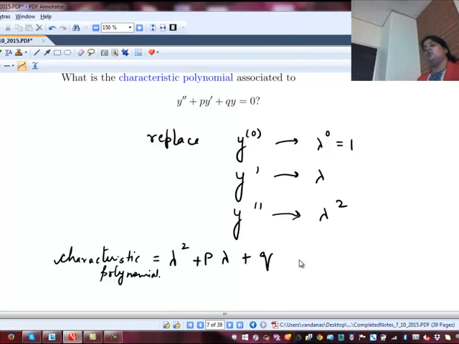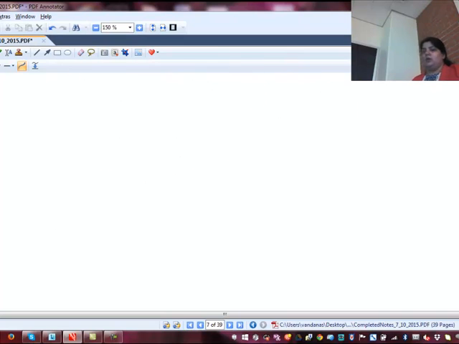If I put equals 0 here, will it still be a polynomial? Sometimes you say, okay, this equals 0, that would be the characteristic equation. If you're writing a polynomial, you just leave it like this. If you're writing an equation, you write equals 0. So just different terminology.